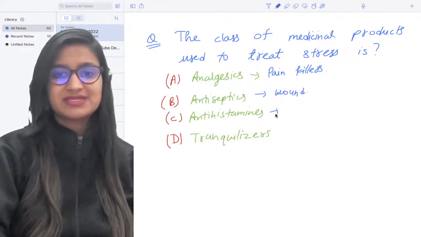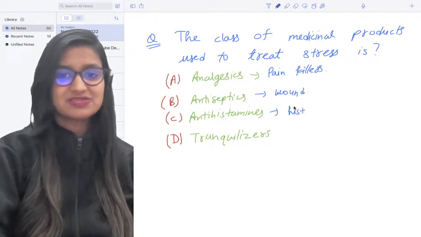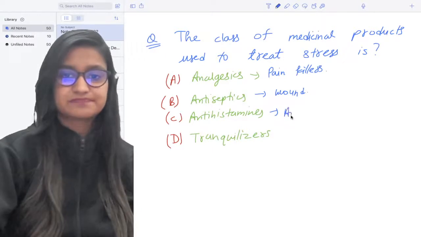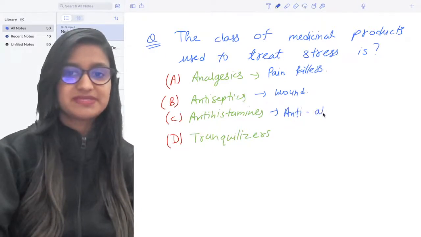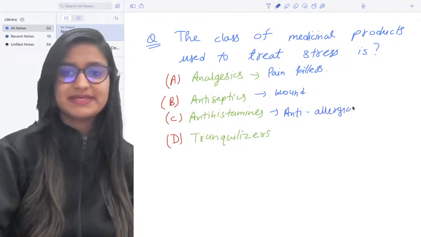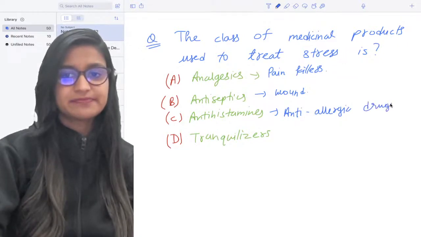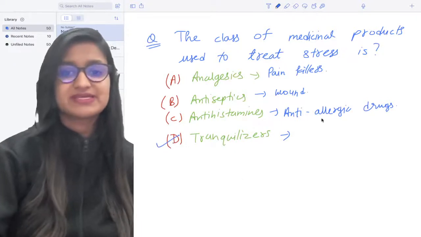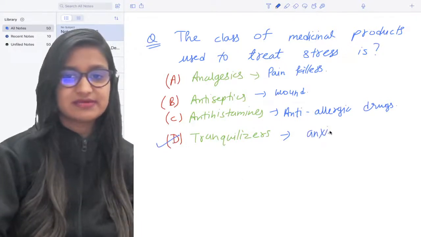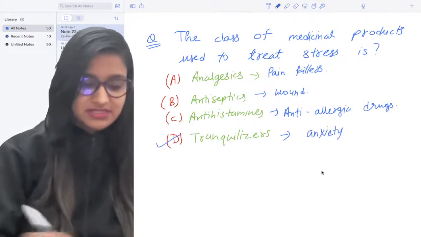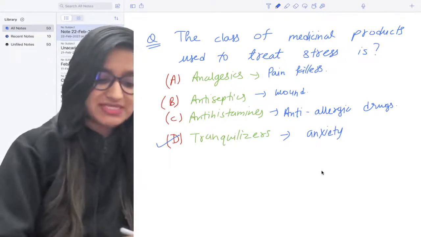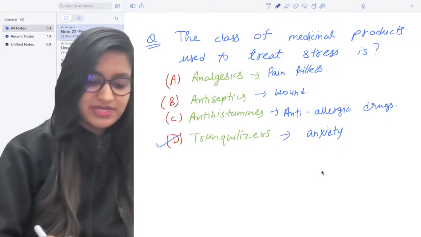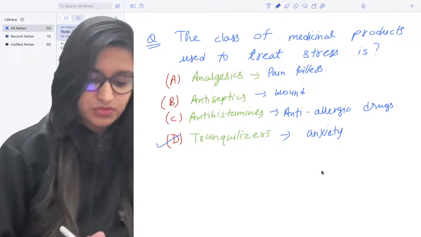Antihistamines are basically your anti-allergic drugs. And tranquilizers बच्चे स्ट्रेस या फिर एंग्जाइटी को रिलीज करने के लिए होते हैं. These are used to treat anxiety and stress.